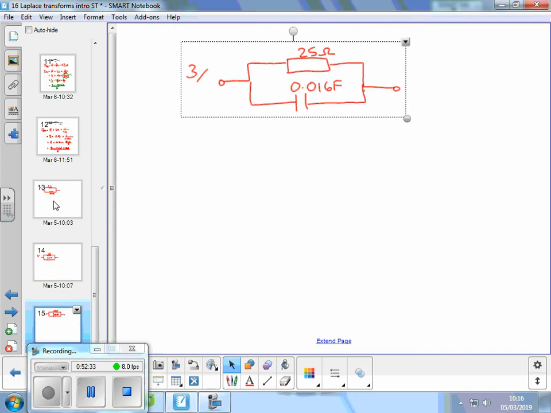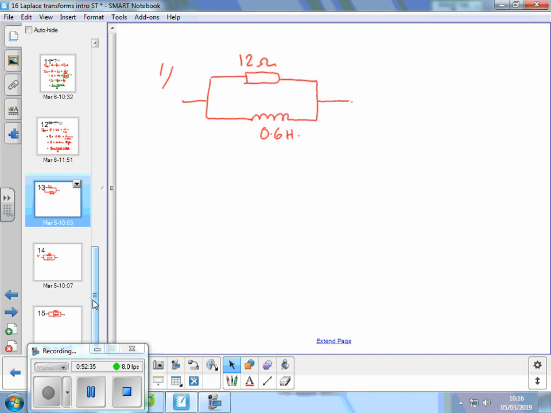Have a look at some solutions, haven't we? You got them right. See if everybody agrees. Right. Question 1. Expression in the S domain. Go straight in with the numbers, should we?